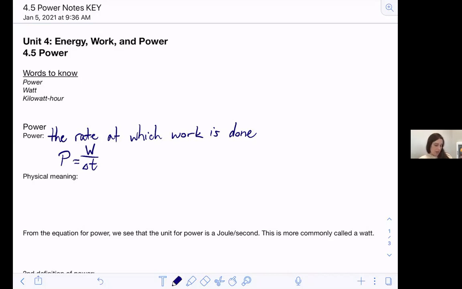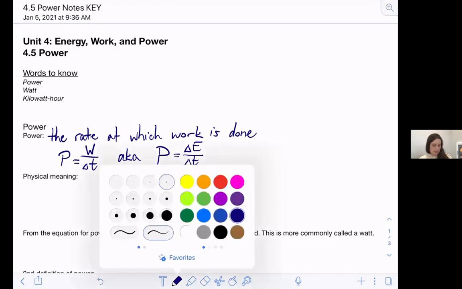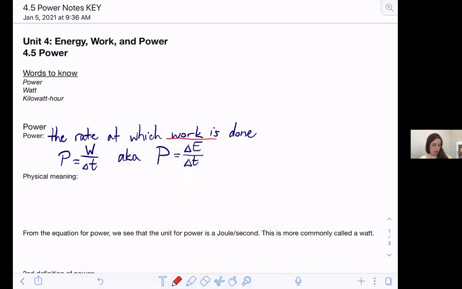Okay. Now, because we know that work is the same thing as a change in energy, we often also see power written as a change in energy per time. And that's how the College Board prefers to write it. So you will see that the equation for power is on the equation sheet. And they write it as a change in energy per change in time.